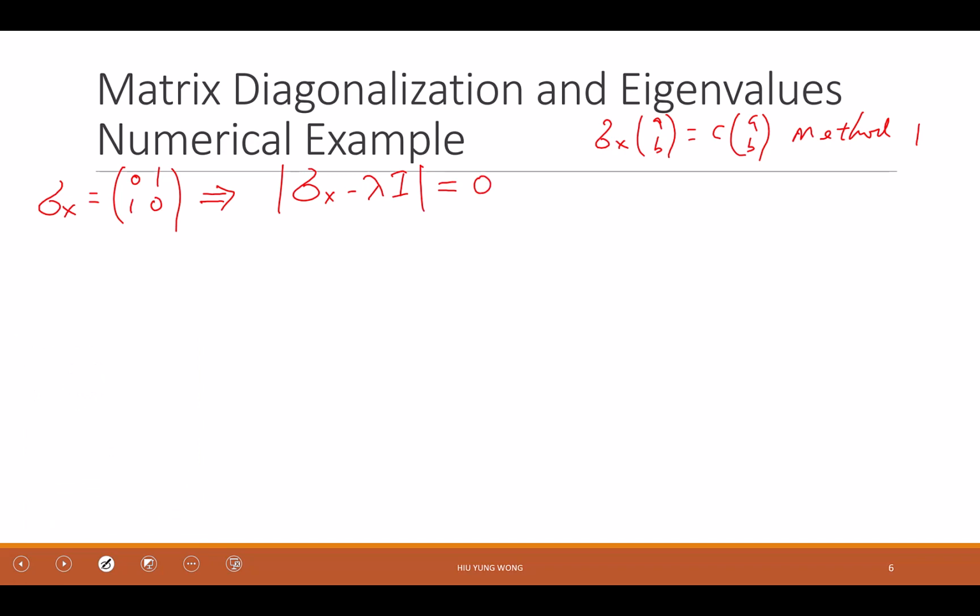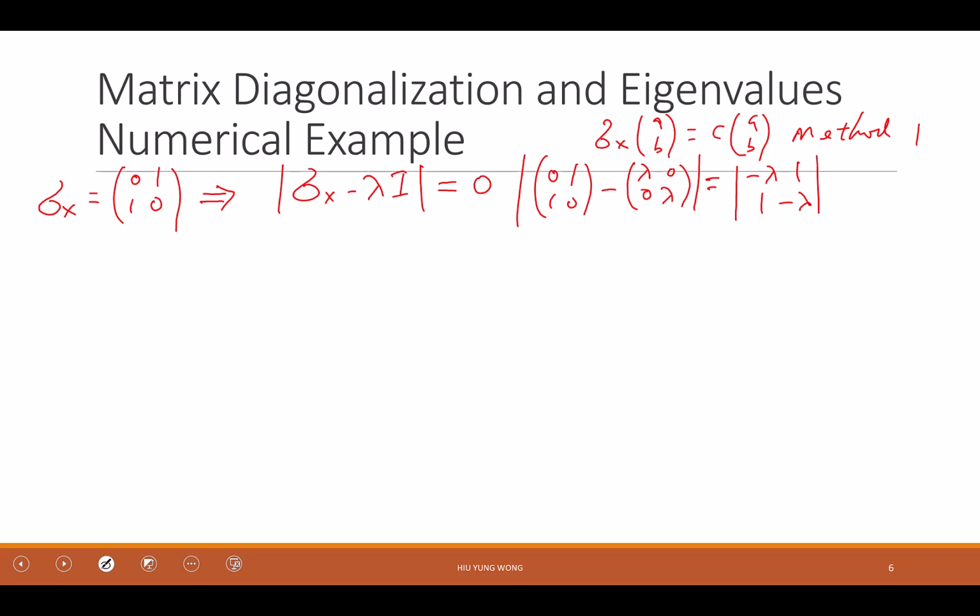Okay? So let's look at the determinant, see what it is. Sigma x is 0, 1, 1, 0, and then you say minus lambda, lambda, 0, 0, determinant, which is just equal to negative lambda, 1, 1, negative lambda.